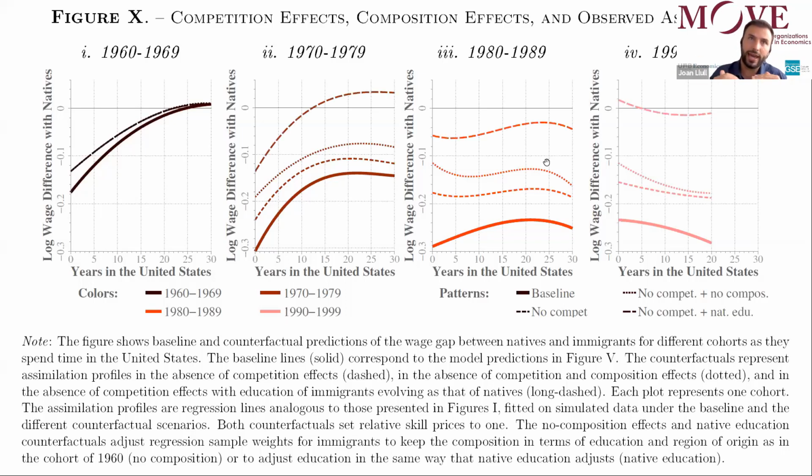So essentially what you get is that, well, the 1970s cohort is pretty much the same as the 1960s cohort. Maybe it converges a little bit faster. And then the 1980s and 1990s cohorts, it's flat, but it's pretty much converged from minute one, if you want, okay? So again, this would mean that there are two main mechanisms that seem to be explaining the patterns I showed you at the beginning.